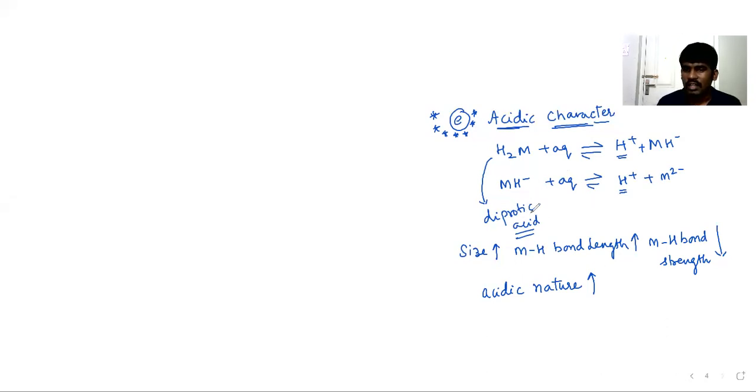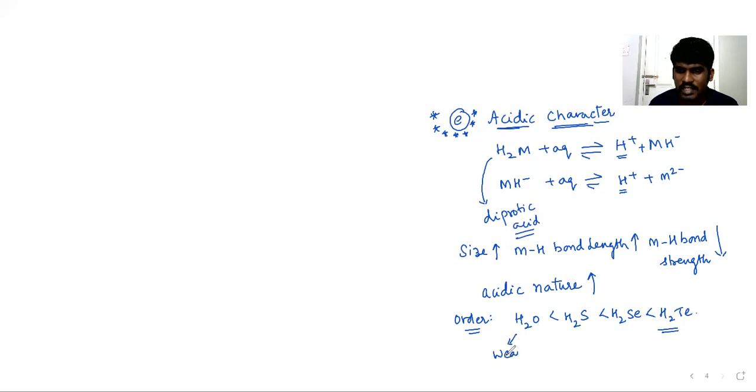So down the group, acidic character increases. So H2O less than H2S less than H2Se less than H2Te. That means H2O is weakly acidic, and H2Te is a strong acid.